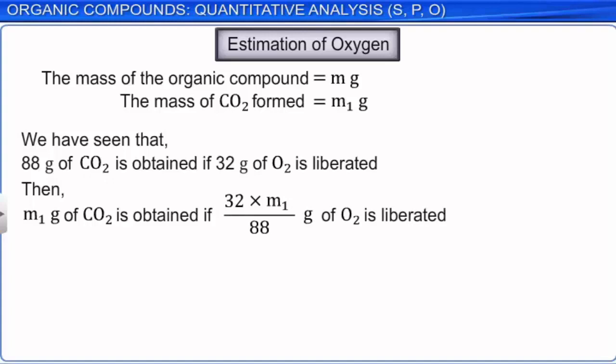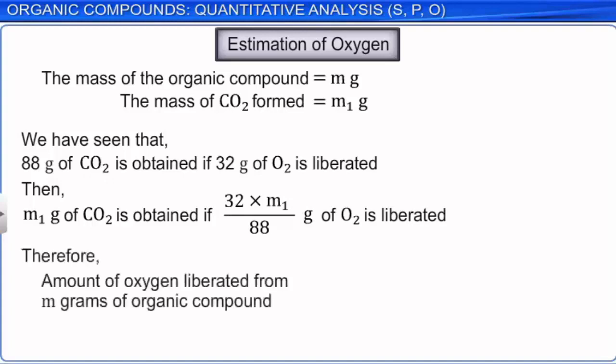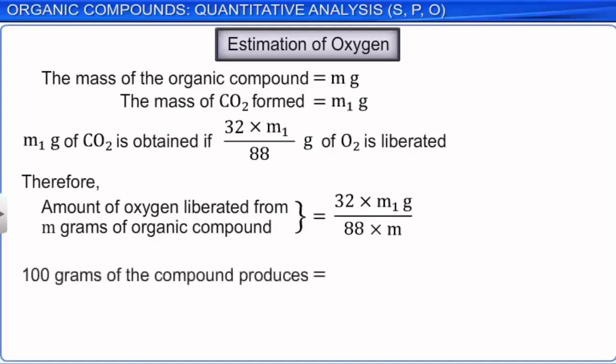Therefore, the amount of oxygen liberated from m grams of organic compound is equal to 32 into m1 divided by 88 multiplied by m. Hence, 100 grams of the compound produces 32 multiplied by m1 multiplied by 100, divided by the product of 88 and m. This gives the percentage of oxygen present in the compound.